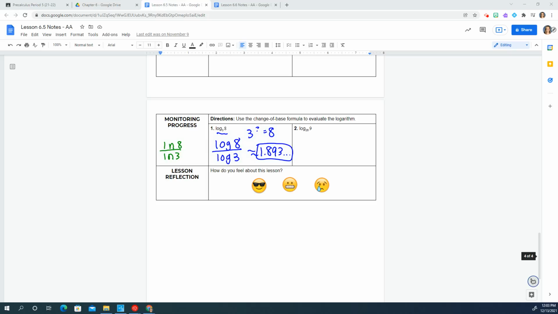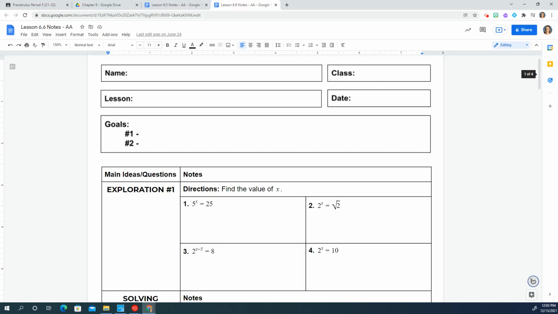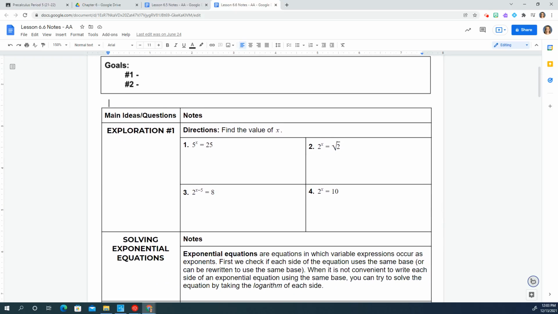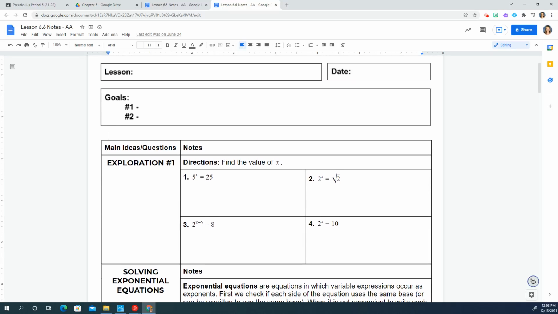Okay, so I feel like this is the most important of the log lessons because, like I said, as I was looking over the practice problems, I saw a couple exponential equations, which you wouldn't have known how to solve without logarithms. You can write this here if you want to. So now we're going to solve exponential and log equations.